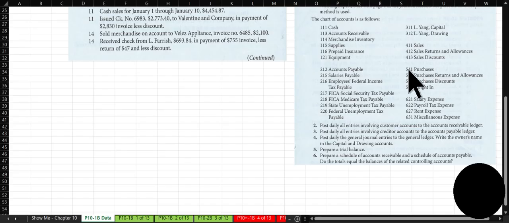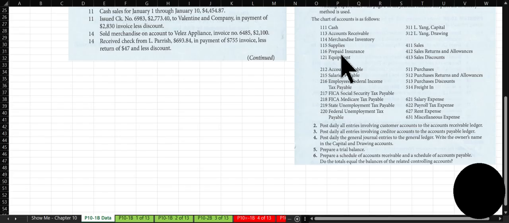This one is in the category of 5, and these are inventory-related accounts, so they all begin with a 5. You have your purchases, your purchase returns, your purchase discounts, and your freight in. All of these are related to the inventory.